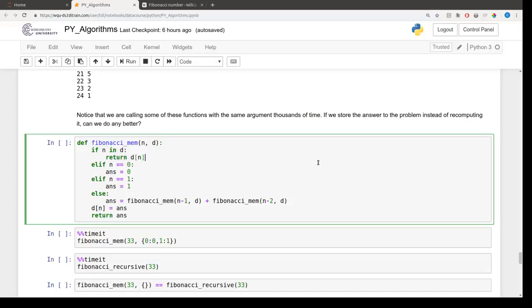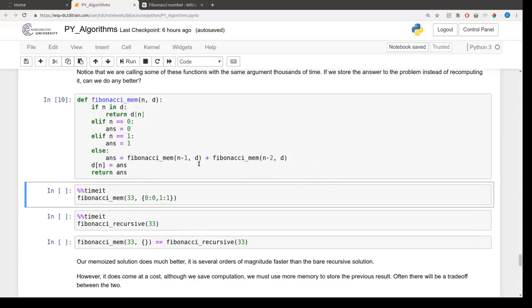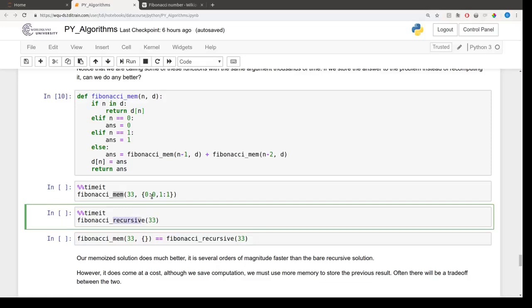So that's all well and good in theory. Let's test it in practice by comparing how long it takes to calculate the 33rd Fibonacci number using a memoized algorithm, as we just implemented, versus the recursive algorithm.